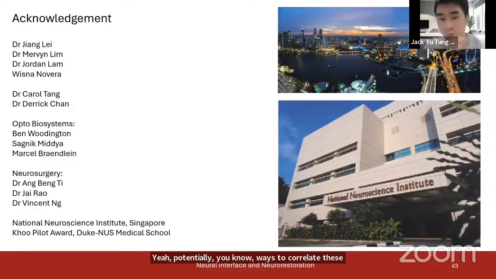For example, in patients with chronically implanted ECOG arrays, we can also look at the DTI configurations. But having said that, I think DTI is a static imaging. It is based on structural considerations like the fractional anisotropy of water diffusion. So I'm not sure whether we can actually have any kind of functional correlation with that kind of approach. If that answers the question.